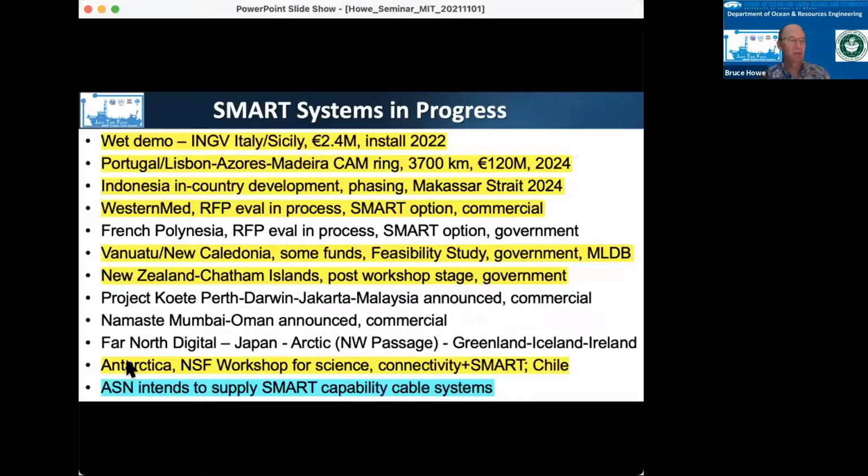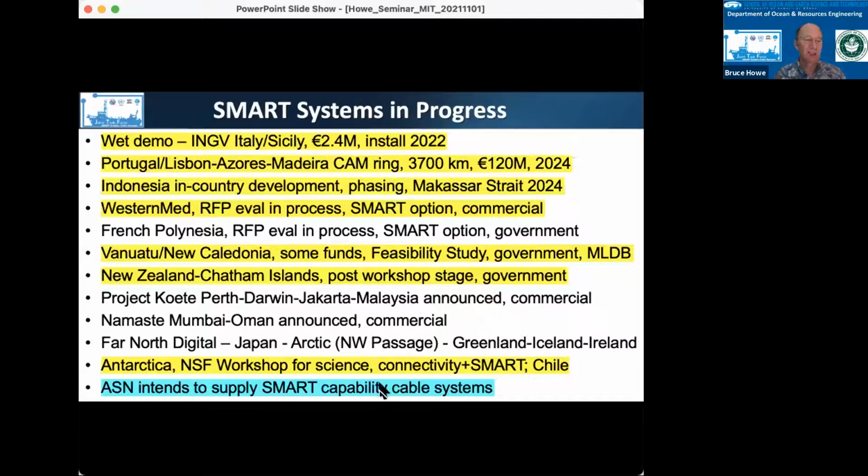And then similar to New Zealand, there was a workshop last June on a cable suggested from New Zealand to McMurdo Bay, again, where the primary purpose is to provide connectivity to the scientists and logistics on Antarctica, and at the same time explicitly make that a smart cable to provide information about the ocean in between.